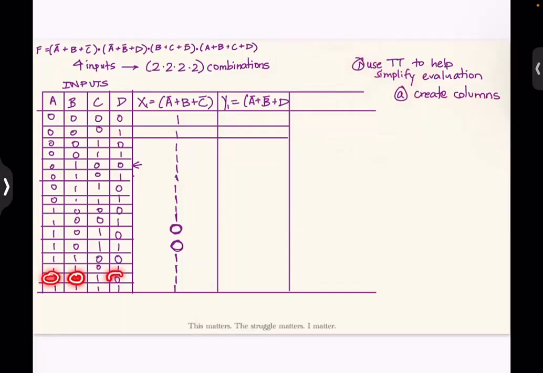I find an occurrence at row 14. So I'm filling that out as a 0. There's another occurrence on row 12.